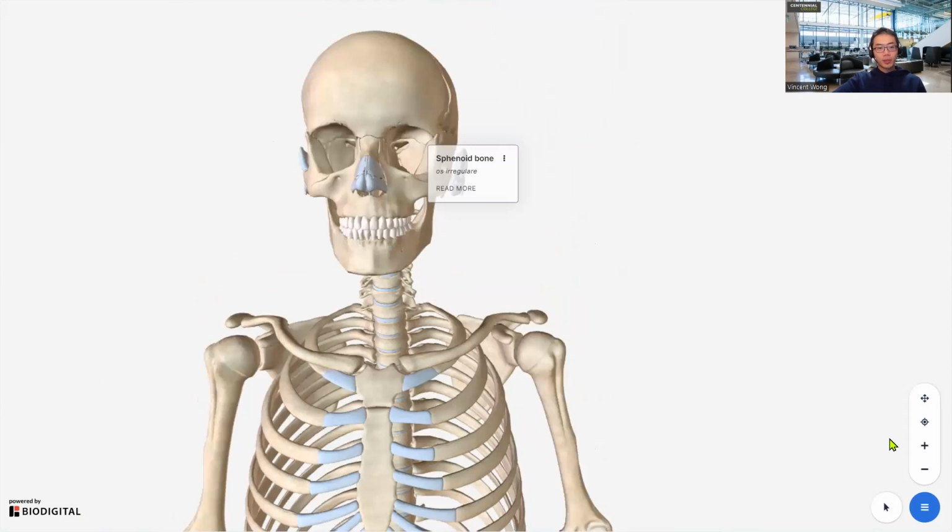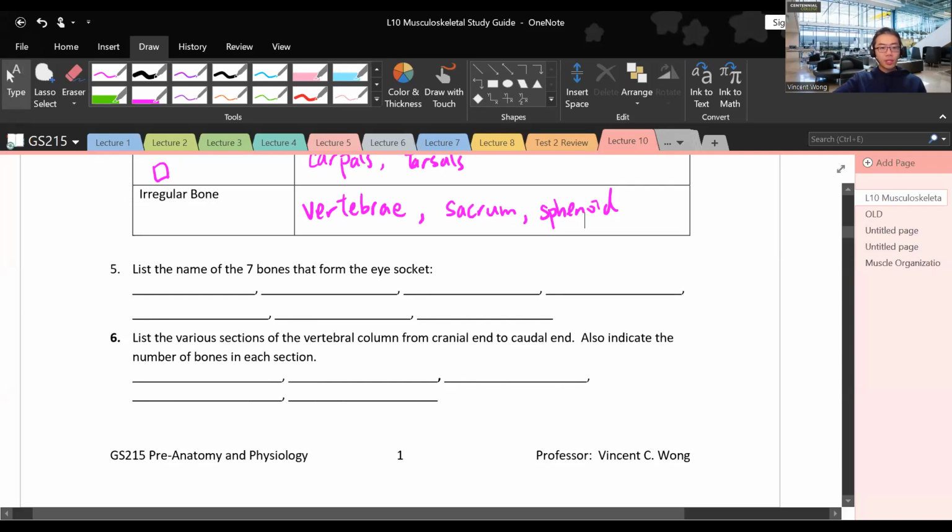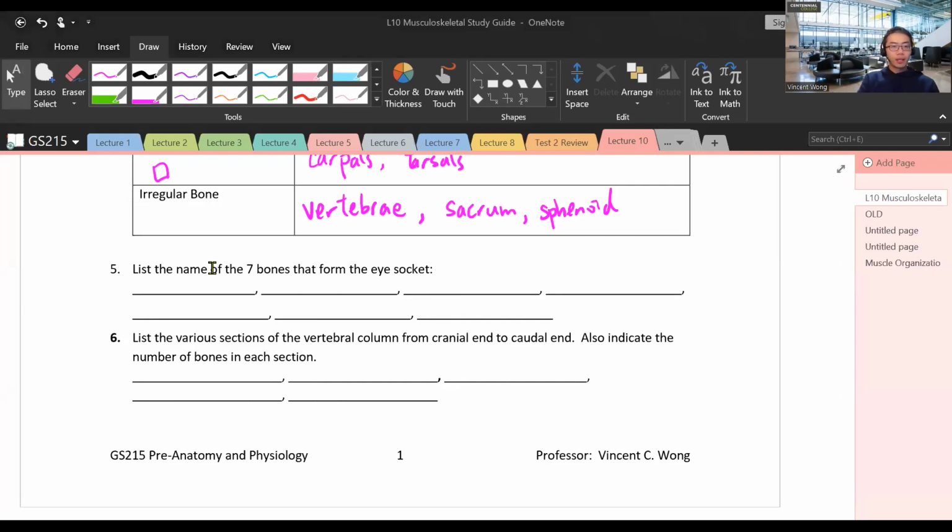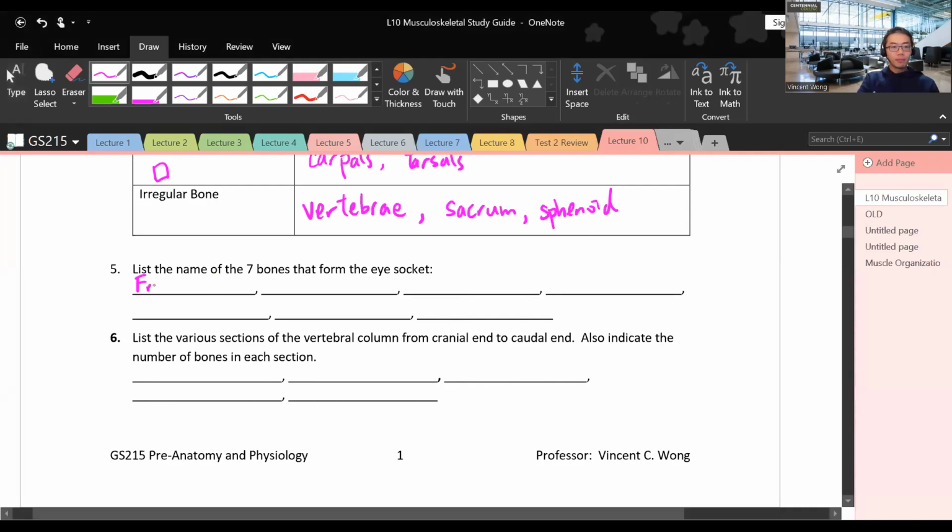All right, let's go back to the notes there. So name the 7 bones that form the eye socket. We have the frontal bone. Okay, just one of them. We have the maxilla. Also just one. Maxilla is this one, right?